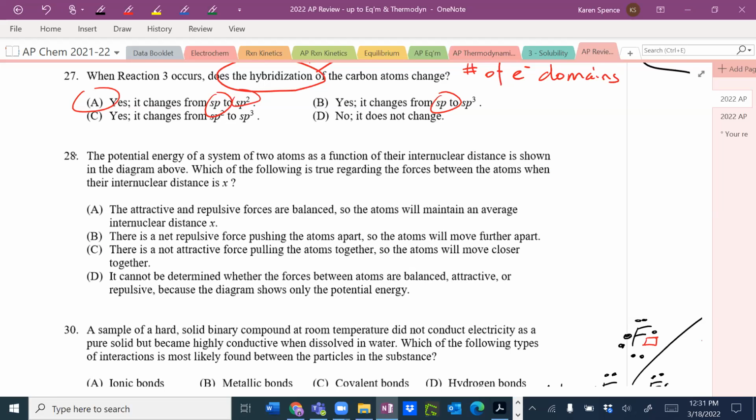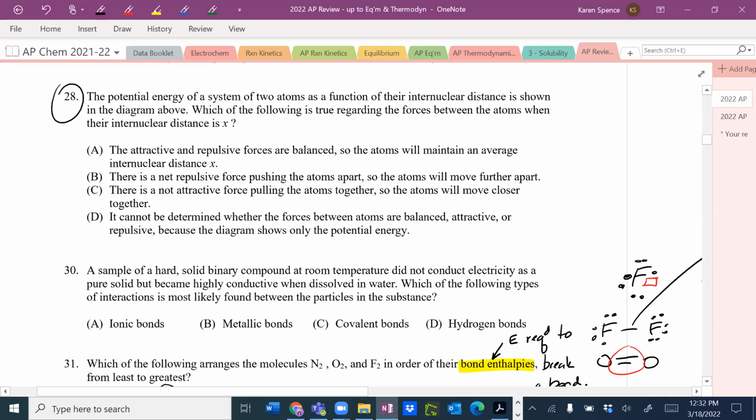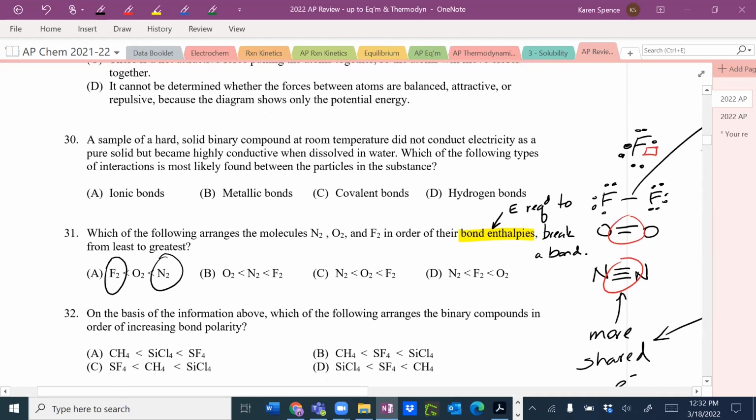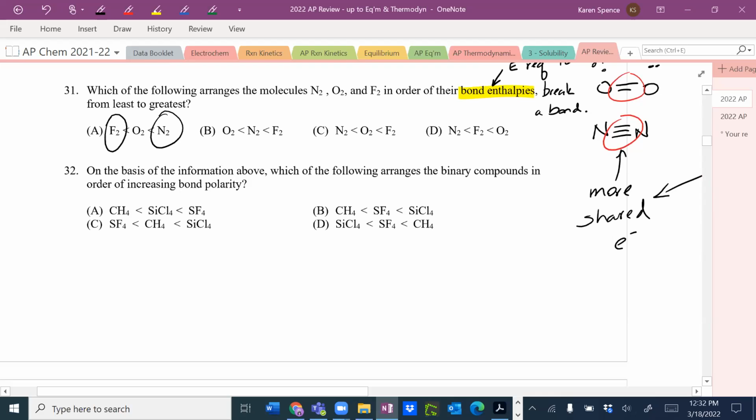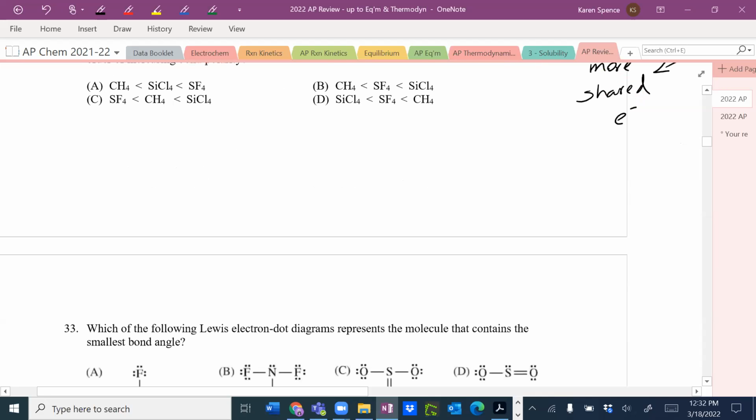Oh, that's the one that number 28 needs a diagram. So I'm going to put up a diagram for 28 on the updated one that comes out. You can't do anything without this. Because you don't know where X is on the diagram. So we're not going to do 28 because it needs a diagram and there is no diagram. I will put that up this afternoon after my dentist appointment.